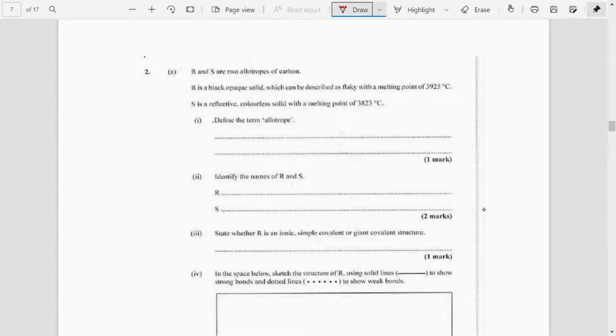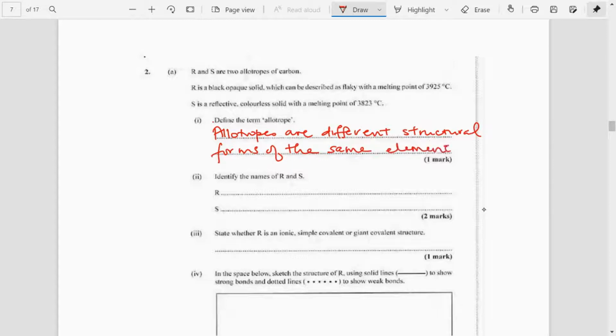So essentially, allotropes are different structural forms of the same element. So let's write that. Allotropes are different structural forms of the same element.